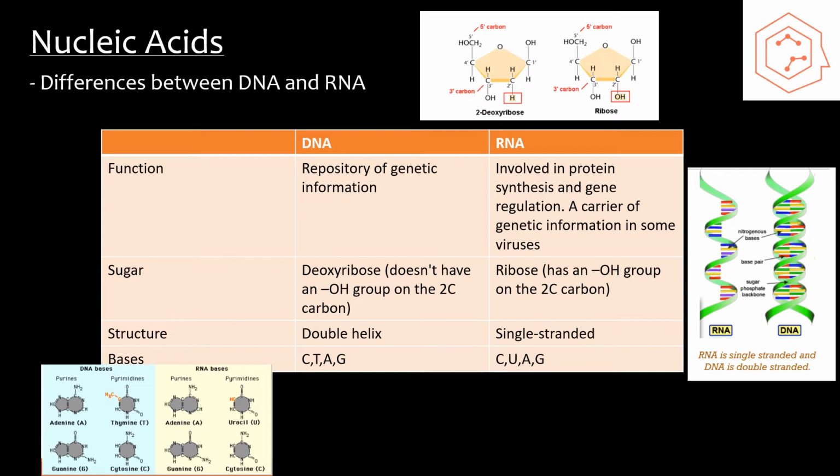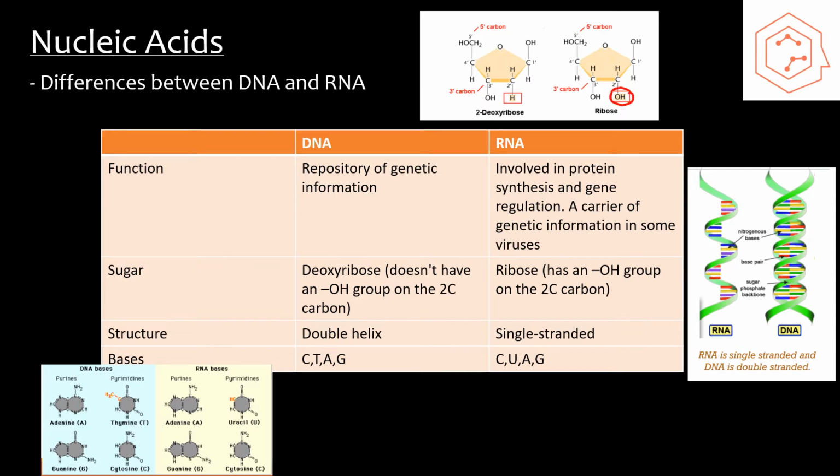The 5-carbon sugar for DNA is called deoxyribose, whereas in RNA it is ribose.